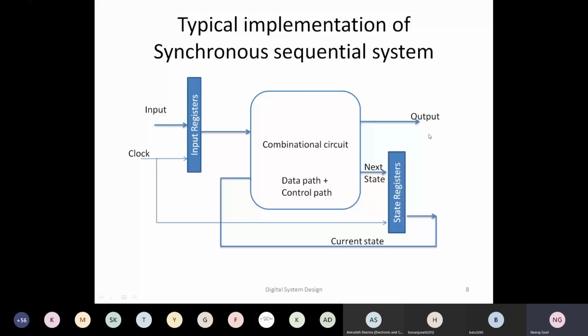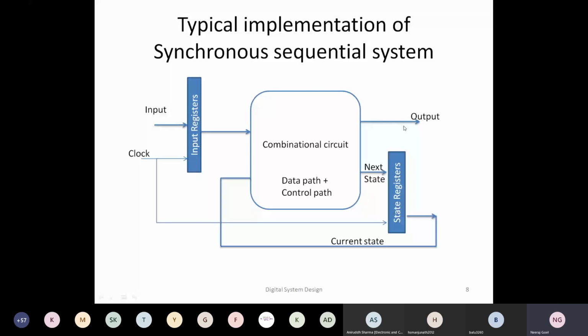But let us say because you are in state 0, then in addition to multiplication, you are also doing sign multiplication, or you are adding 1, or doing some different things. So essentially there would be a combinational path from input to output, and this is usually called the data path. Your data is traveling from input to output, and whatever circuit comes in the way from input to output would be called data path.